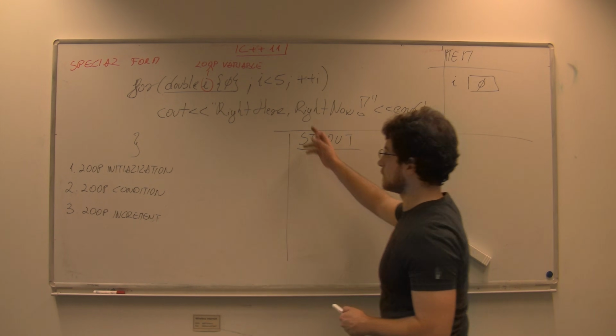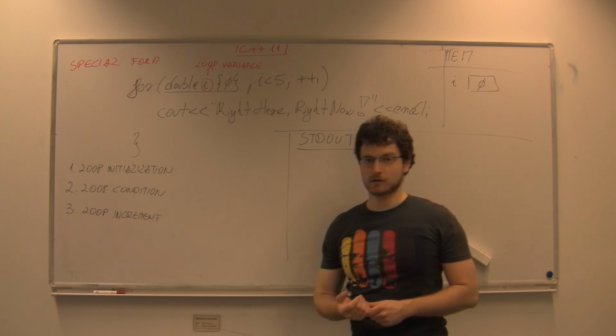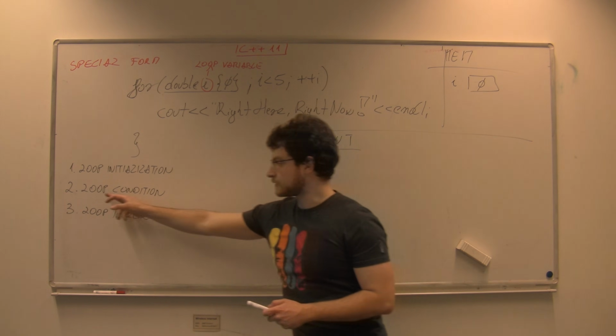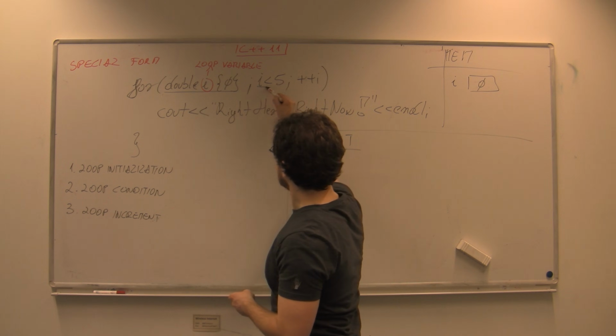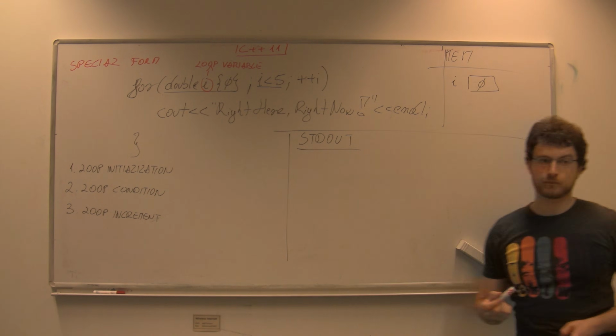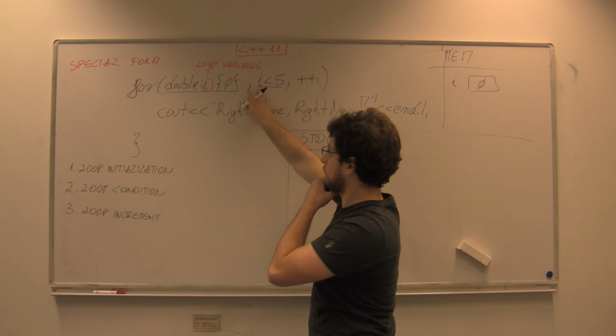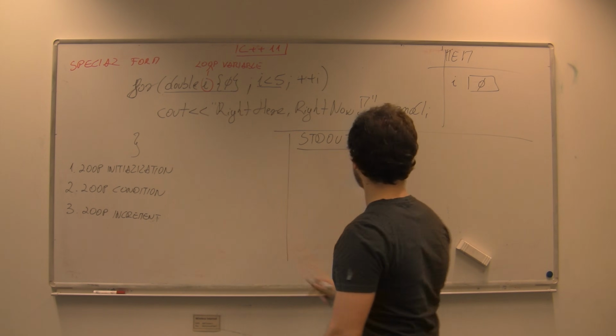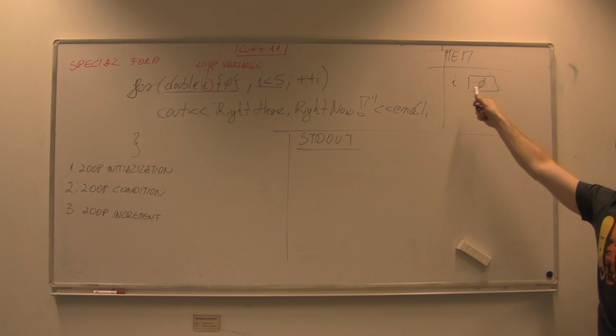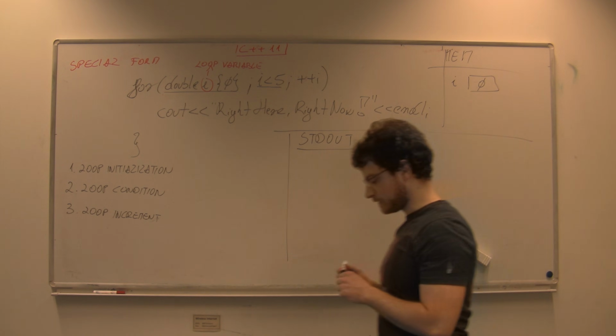The next step that will be performed in each iteration of the loop is the loop condition. And it's this expression here. And it instructs us to check whether the value of the variable I is less than 5. The value of the variable I is 0, which is obviously less than 5.